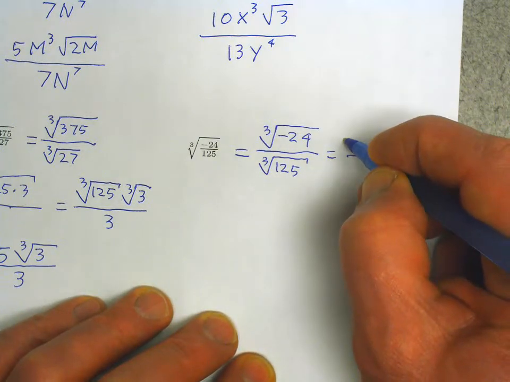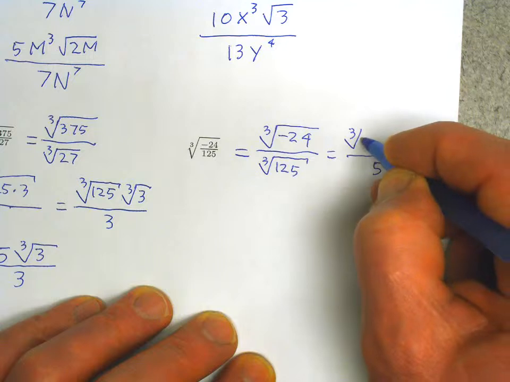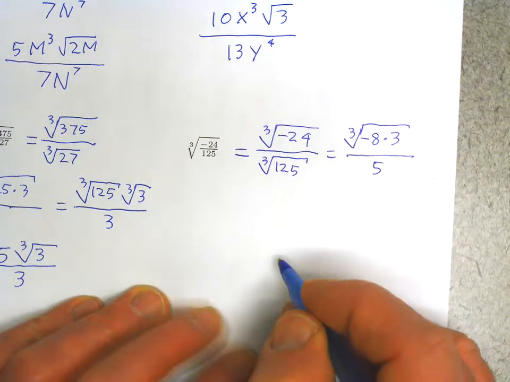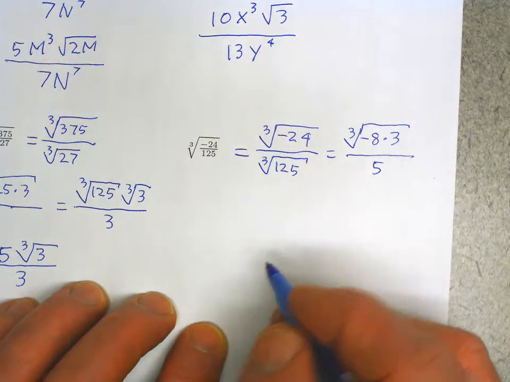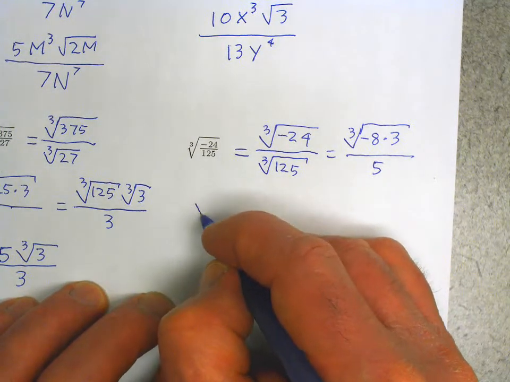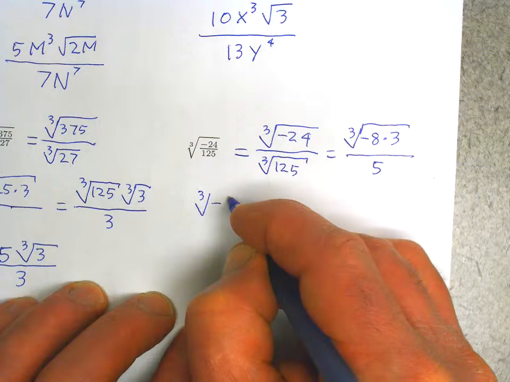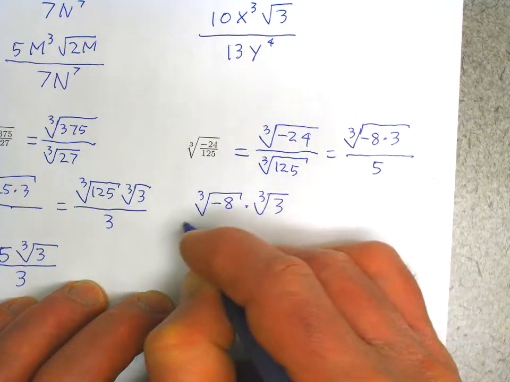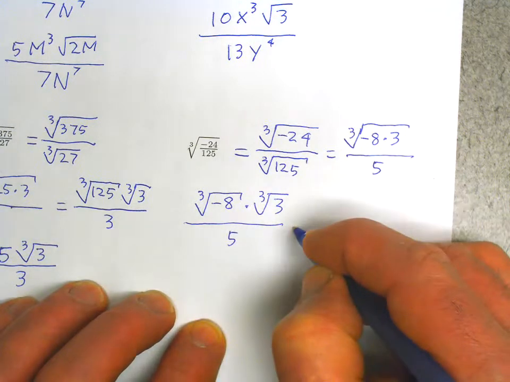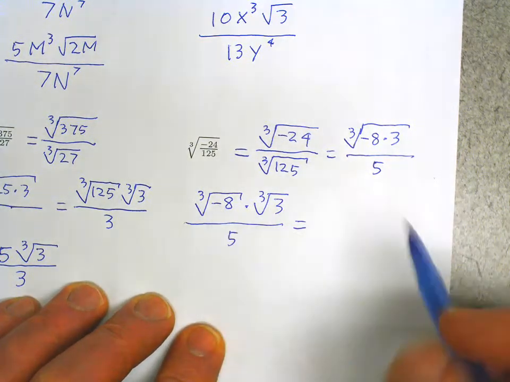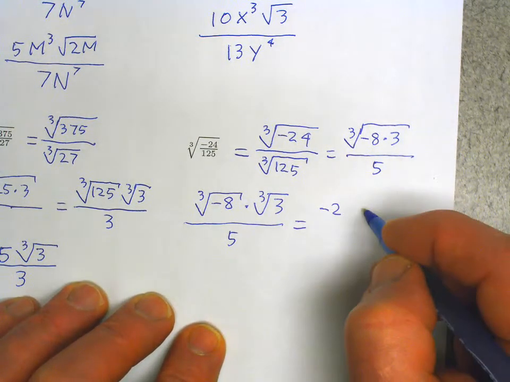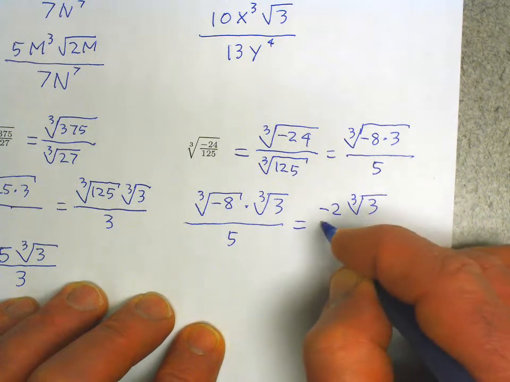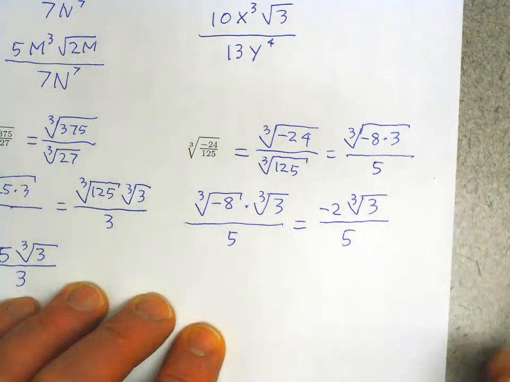So we'll rewrite the numerator as the cubed root of negative 8 times 3. Then we'll write the numerator as the cubed root of negative 8 times the cubed root of 3, and then that's divided by 5. And finally, the cubed root of negative 8 is negative 2. So the numerator is negative 2 times the cubed root of 3, and this is all divided by 5.